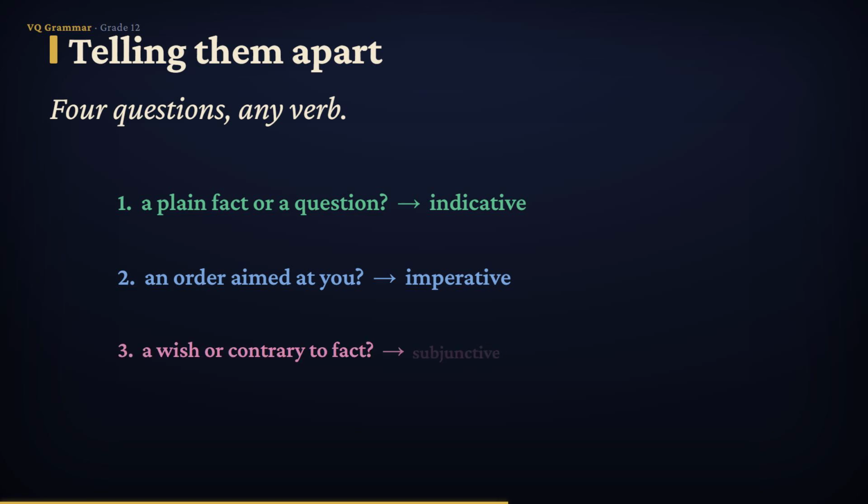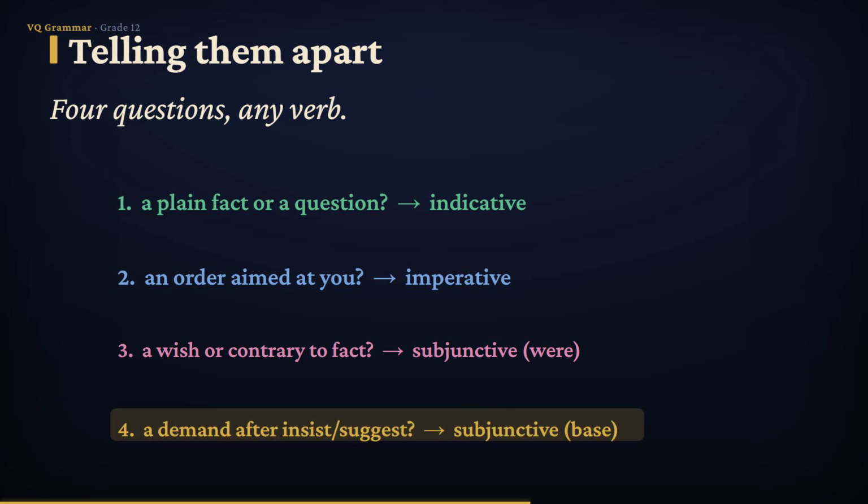Does it express a wish or something contrary to fact? Then it's subjunctive, and you'll likely need were. And 4. Does it follow a verb like insist, recommend, or suggest? Then it's subjunctive too, and the verb drops to its base form. Run those 4 questions and no mood can hide.